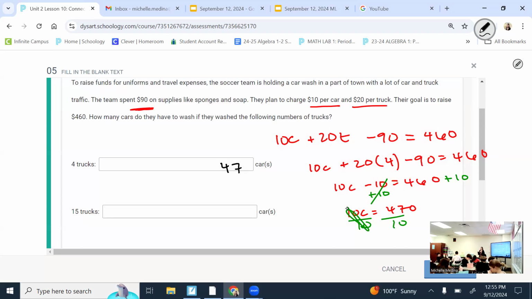You can. Or you can just plug in each time and solve each time, whatever gets you the right answer. But if I wanted to have something that makes it easier to solve for C, I might rearrange this to begin with. So I would add 90 to both sides. What's 460 plus 90?